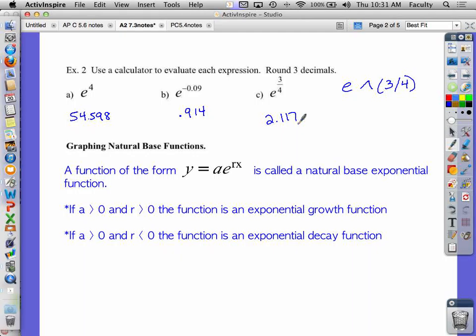It says a function of the form y equals a times e to the rx, that's an r times x power, is called a natural base exponential function. If a is positive and r is positive, the function is exponential growth. If a is positive and r is negative, it's decay.